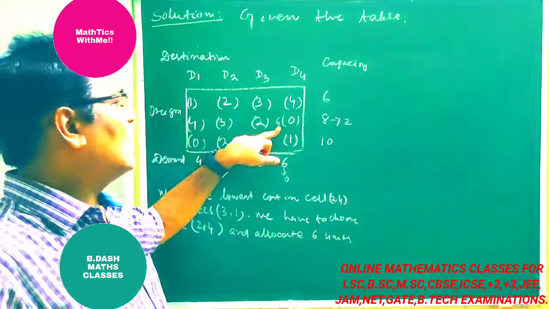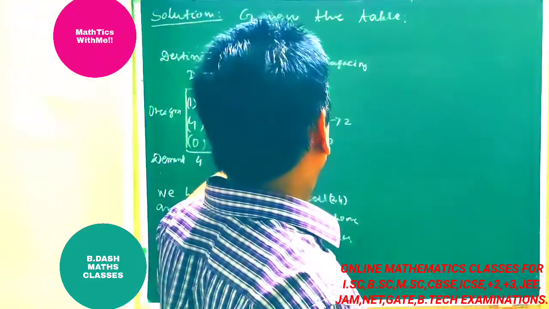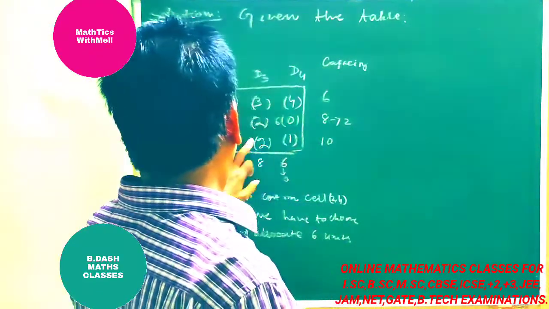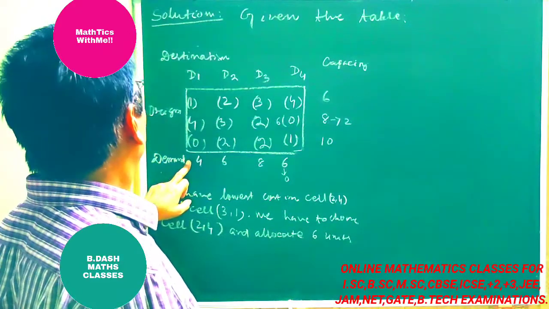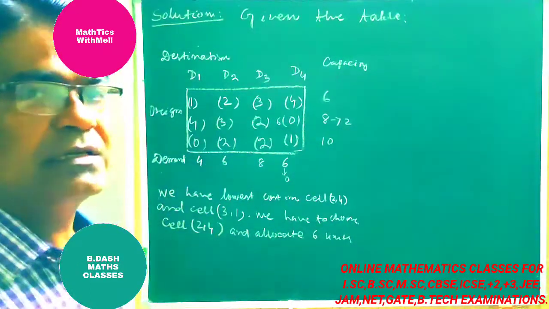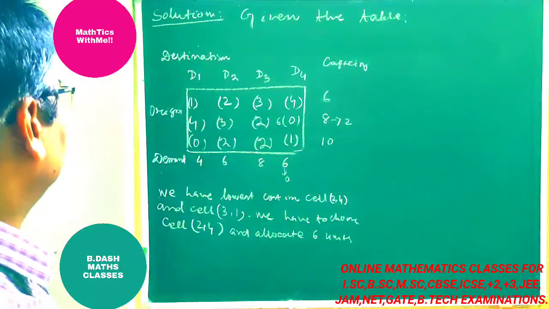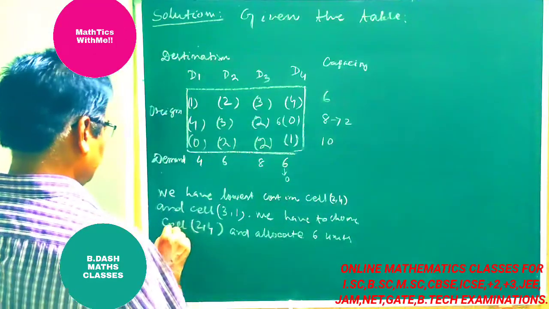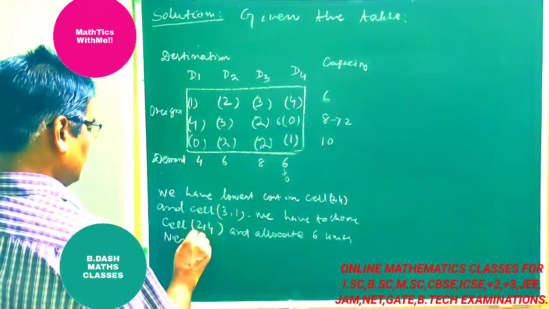Now let us proceed to allocate in cell 3,1, because the next lowest cost is C3,1.